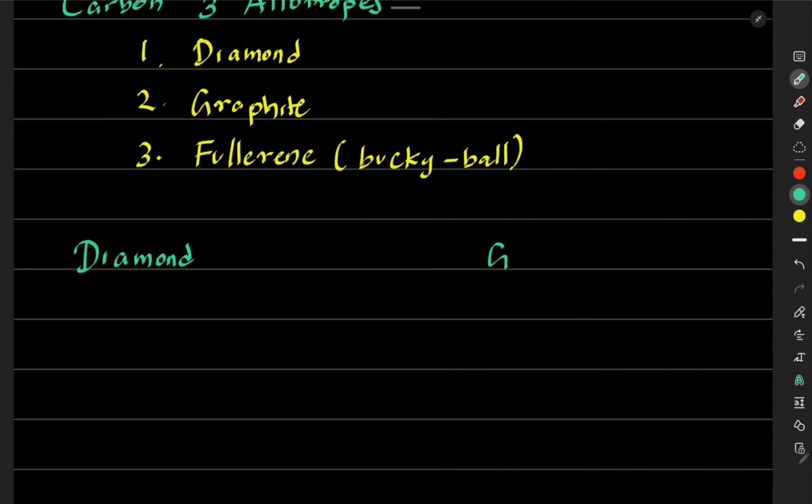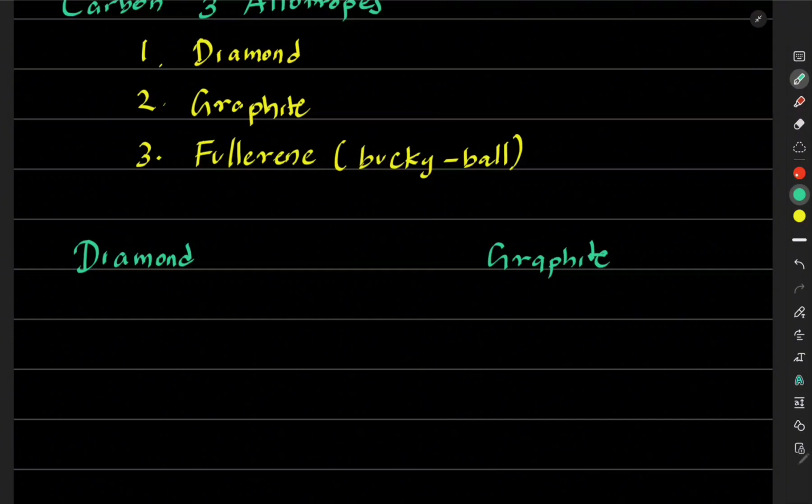Diamond and graphite. Both of them are homoatomic lattice structures. What is homoatomic? Homoatomic lattice structures are made up of the same atoms. As we know, diamond and graphite are both made up of only carbon atoms.